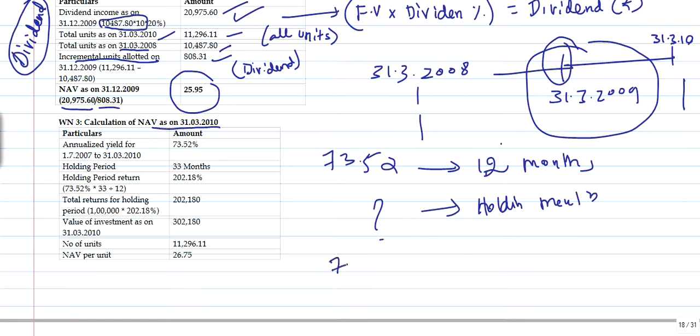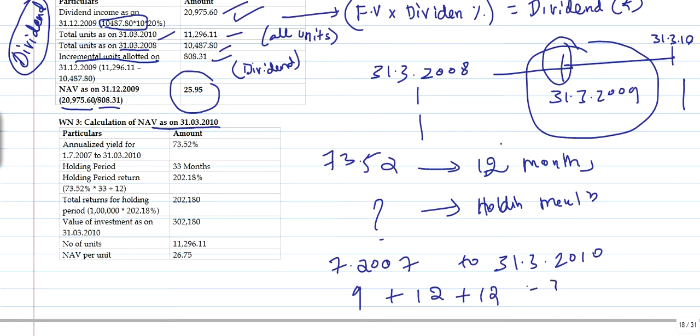From July 2007 to 31st March 2010, correct? So here 9 months, 12 plus 12 plus 9, it will come up to 33 months.